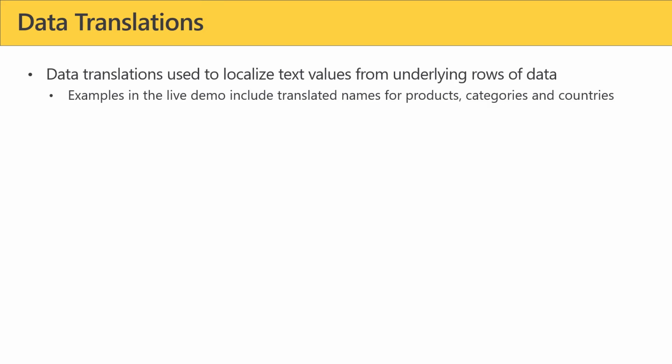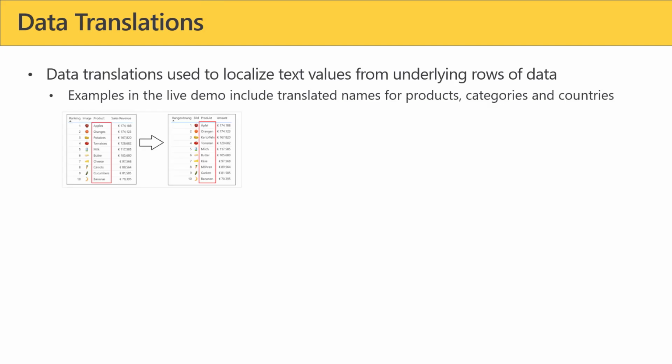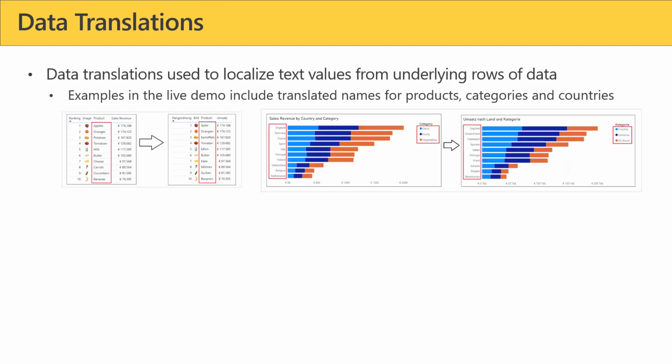So the live demo includes translated names for products, categories, and countries. So for instance, as you look at a table, it loads translated versions of the product names. If you look at certain Cartesian visuals, you'll see that the axis labels are supported with data translations, as are the names of categories inside of a legend.